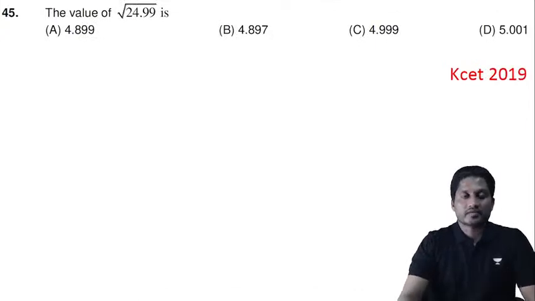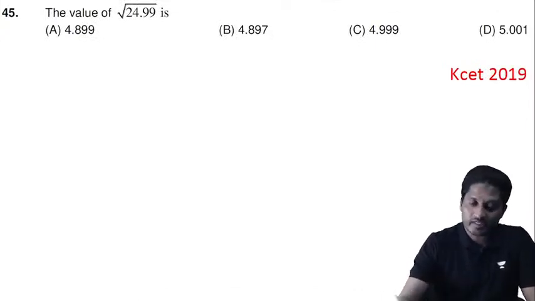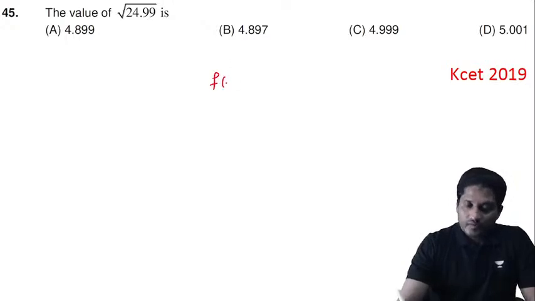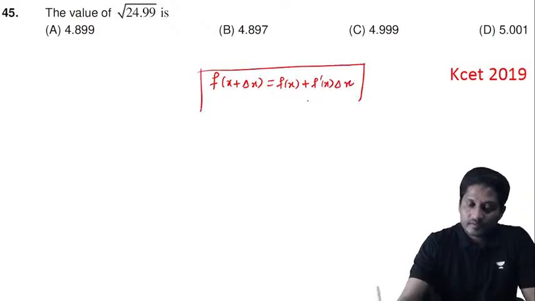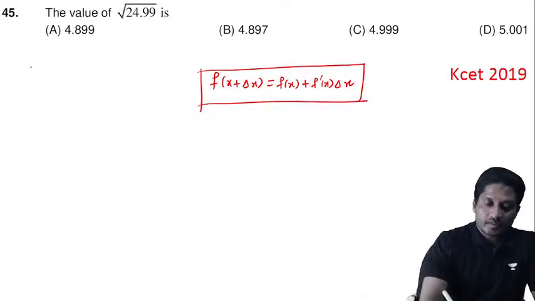Let's move to the next question. It's a question on errors and approximation. f of x plus delta x is equal to f of x plus f dash of x into delta x. Okay, now this 24.99 can be written as 25 minus 0.01.